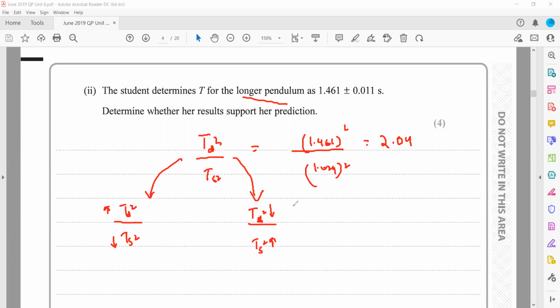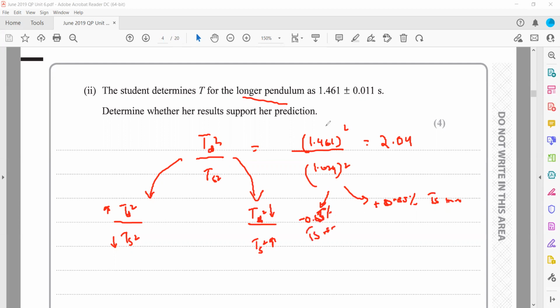So how do we identify the maximum and minimum value of Ts square? Because we know 0.83% uncertainty is there, adding 0.83% of this will give us the maximum value of Ts, and subtracting the 0.83% will give us the minimum value of Ts.